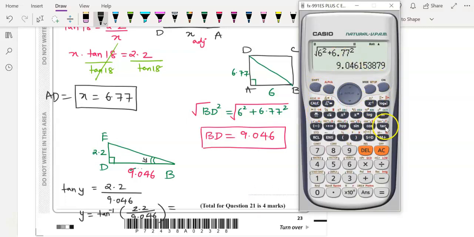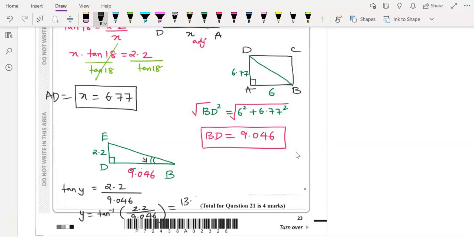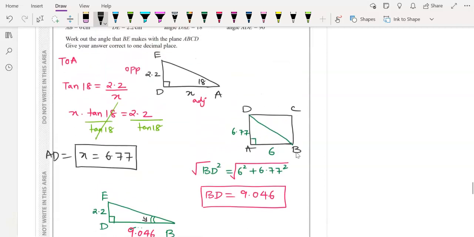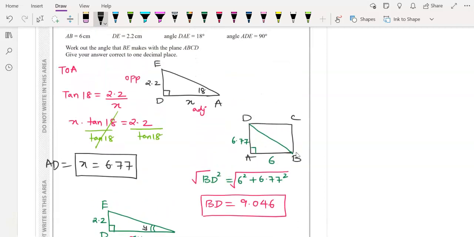Now let's put this in the calculator. Shift tan inverse 2.2 divided by 9.046. That gives me 13.66. Your question is to round the answer to one decimal place.